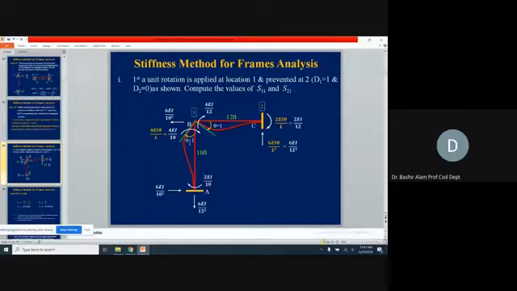So S11 is equal to 4EI over 12 plus 4EI over 10. And what will be S21, at 2 due to 1? It will be 2EI over 12, this moment. Although we have three reactions at 2, corresponding to D2 it is this moment, which is 2EI over 12, and it is clockwise, meaning in the direction of D2. So we will take this as plus.